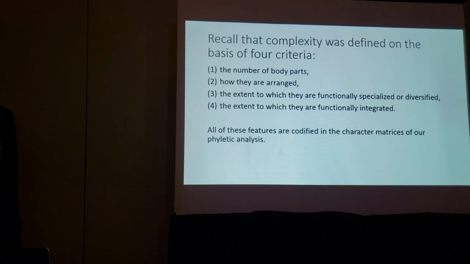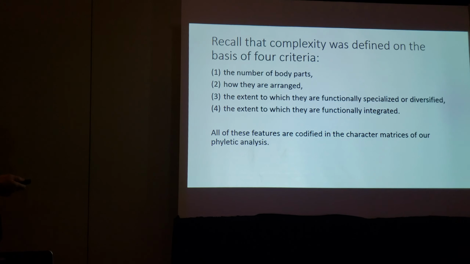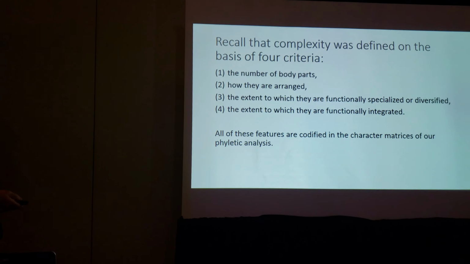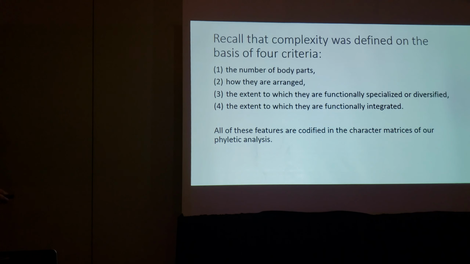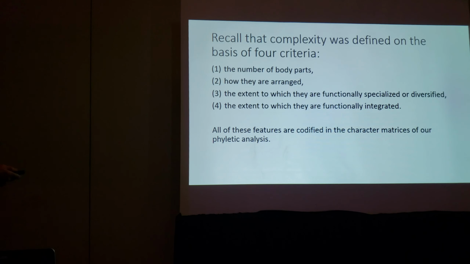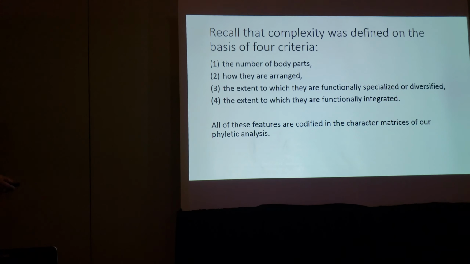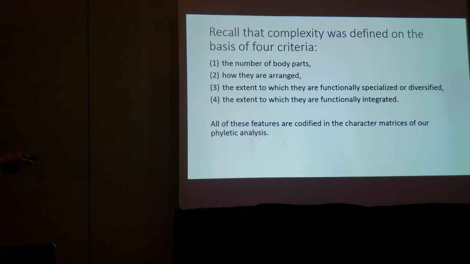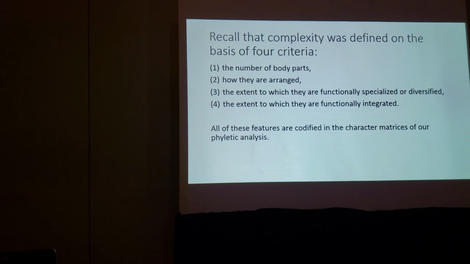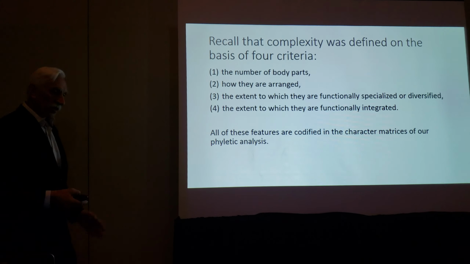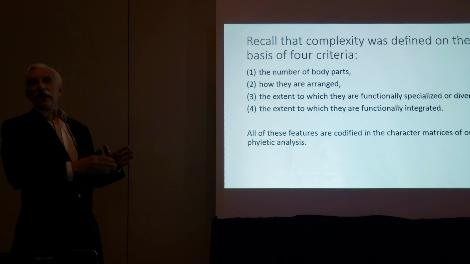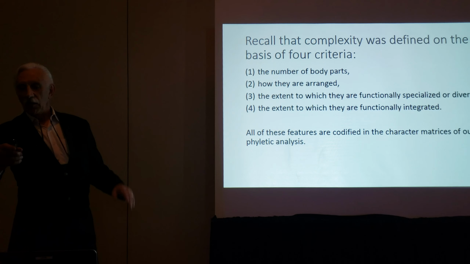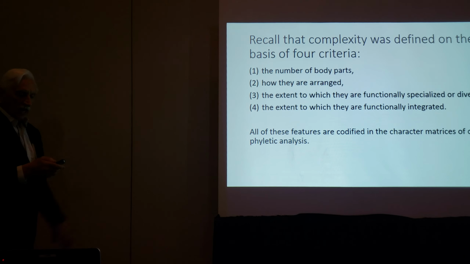Recall that I defined complexity a few minutes ago based on four criteria: number of body parts, how they're arranged, the extent to which they are functionally specialized or diversified, and the extent to which they are functionally integrated. All these features, importantly, are codified in the character matrices of our phylogenetic analysis. In other words, you have to have some kind of character matrix that reveals a change to more complexity in those categories, which we did.